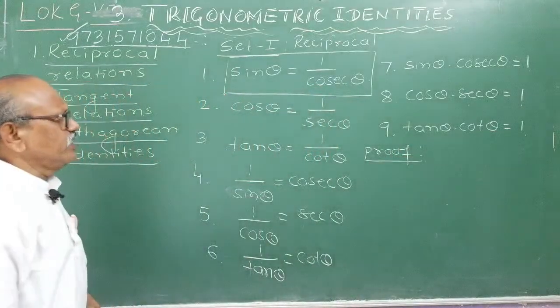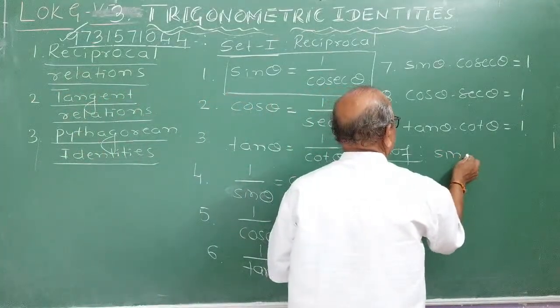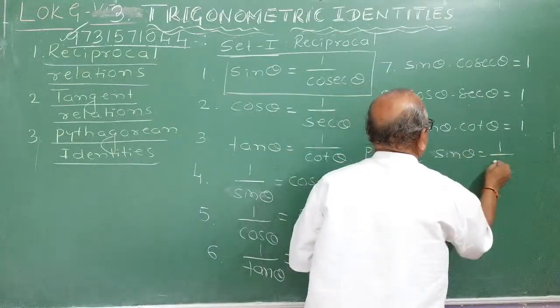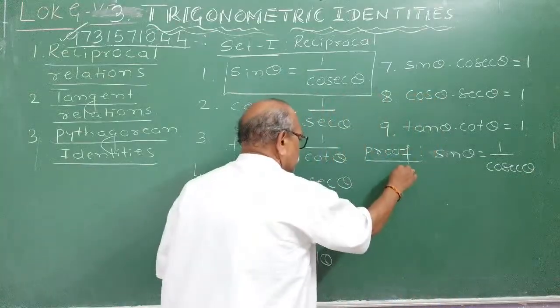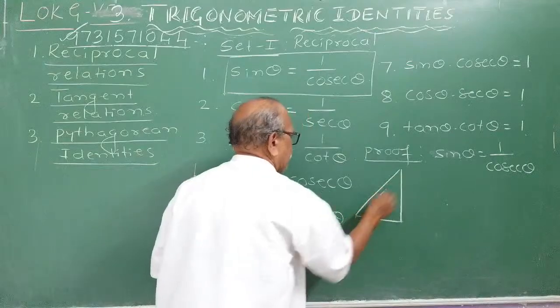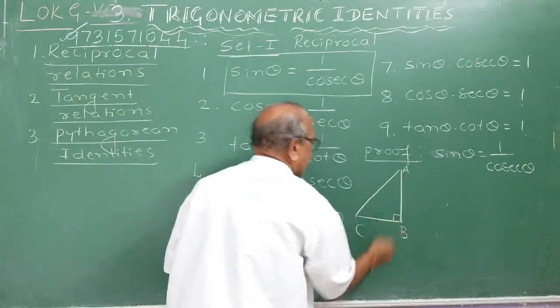For class 10 students, if you are asked to prove that sin theta is equal to 1 upon cosec theta. Now, I will show one and you remember the others easily. Let me consider a right angle triangle ABC. This one is 90 degrees.